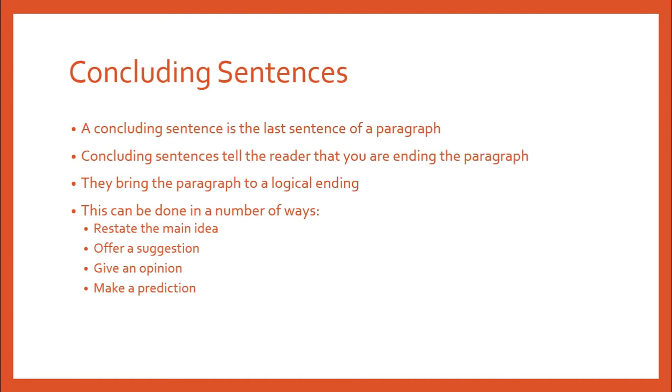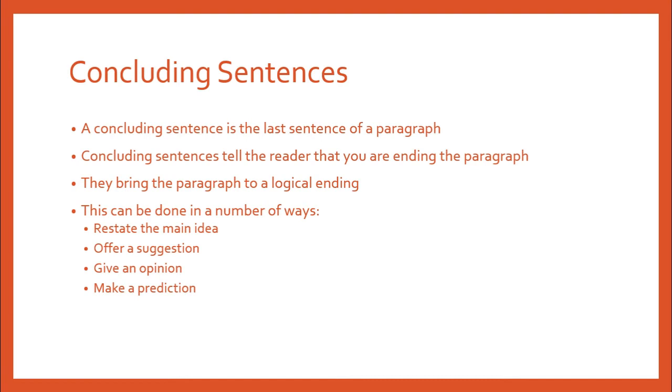If you look at a paragraph that doesn't have a concluding sentence, you may not be sure if the author had finished giving you all the reasons, for example, that a manual transmission car is better than an automatic transmission car, or you may not know if they have finished giving all the explanation and all the details about a supporting sentence that they were going to provide. So when you have a concluding sentence, that makes it clear to the reader that you have finished everything you needed to say and that you are going to end the paragraph.